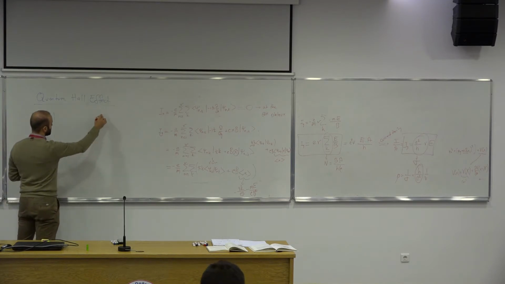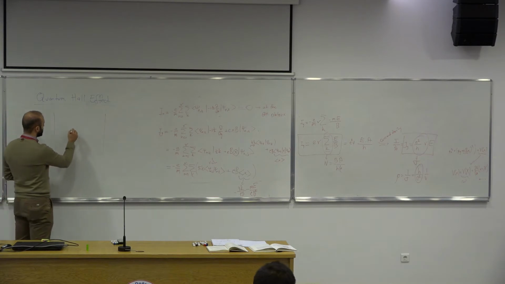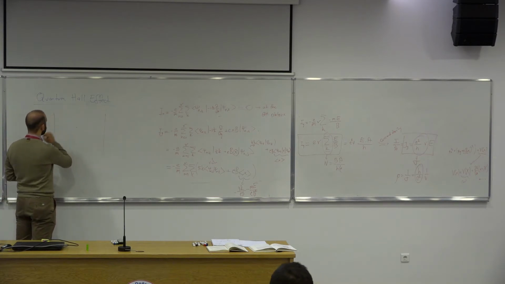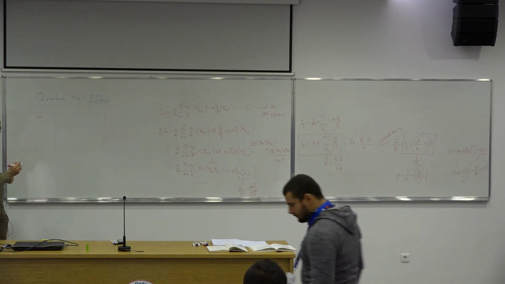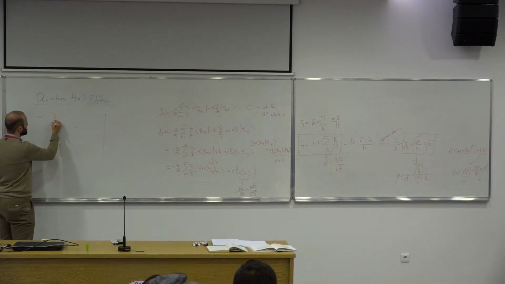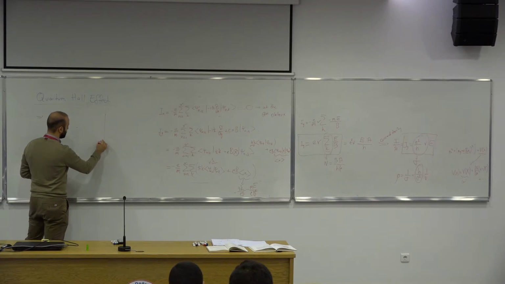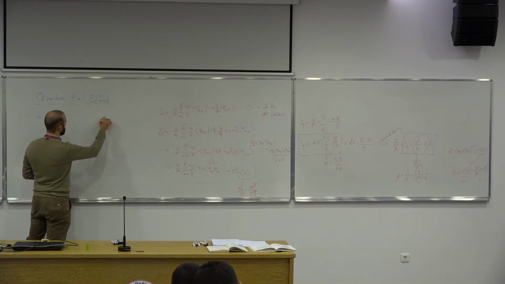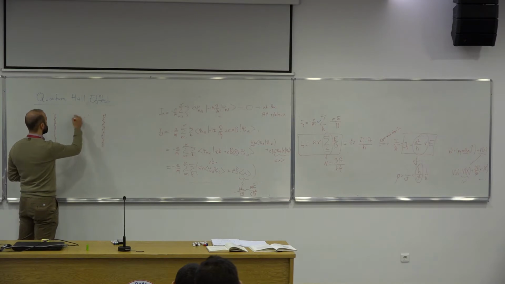One answer is this. Even if you have disorder in the system, in essence what determines these plateaus is the edge states. This time I reverse the magnetic field. So I have my electrons flowing from one edge to the other edge, and also a disordered landscape.